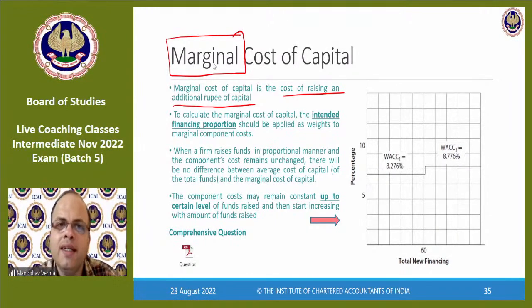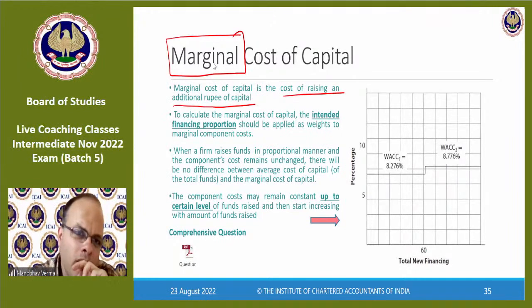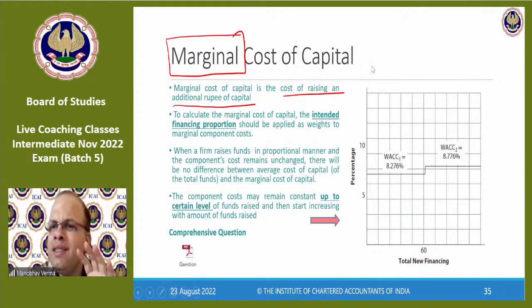Smita, absolutely correct. So when we are saying marginal cost is the cost of raising an additional rupee of capital, try to understand that a business is going on, they're making some profits, they're distributing something as dividend, and they're reinvesting something in the business.